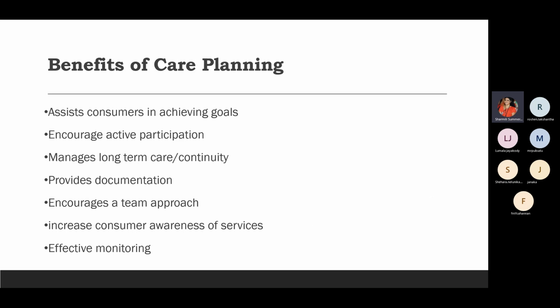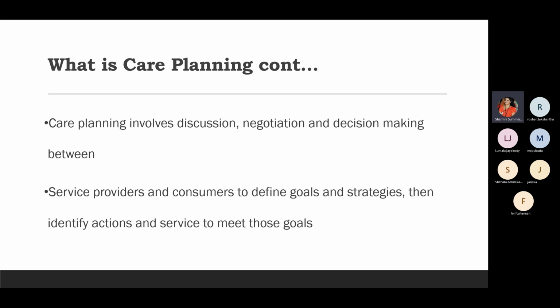Are you all clear up to now regarding the care planning? Or do you have any doubts regarding care planning, the introduction about care planning?